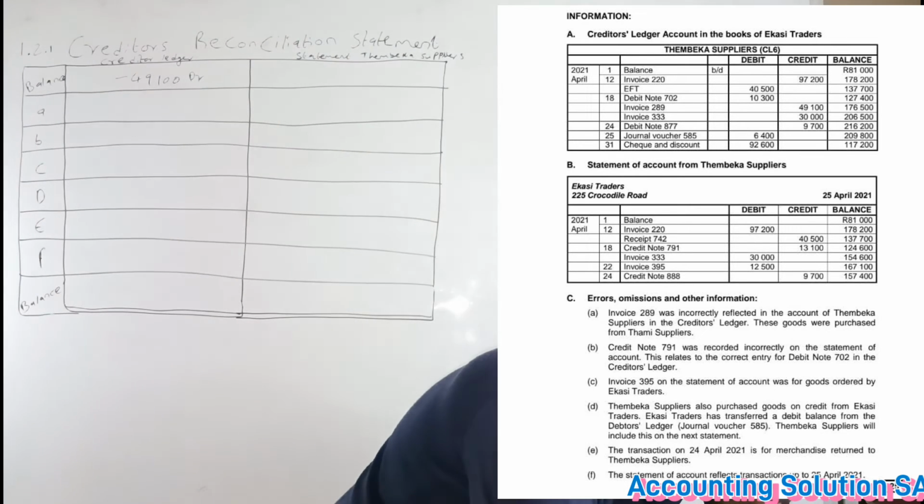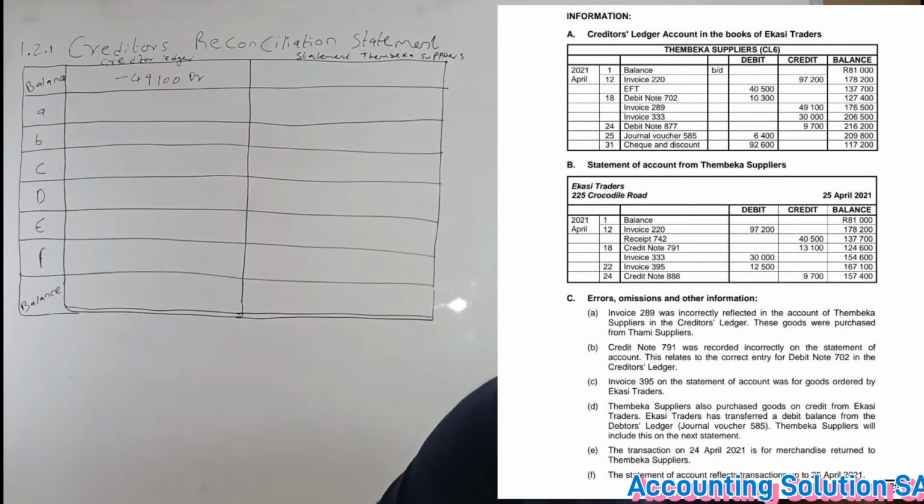Now let's check, is this a subtraction or an addition? On the statement of account, the 13,100 is on the credit side. When we go to the statement of account, what do we do? On the debit side, we add, but on the credit side, we subtract.